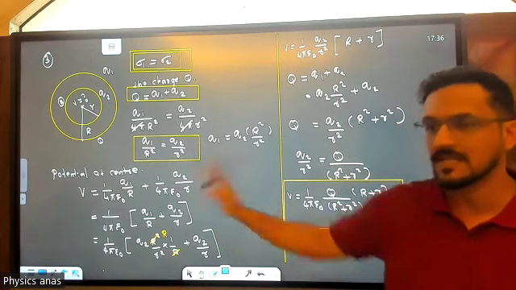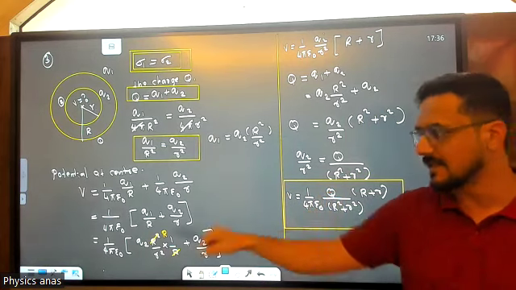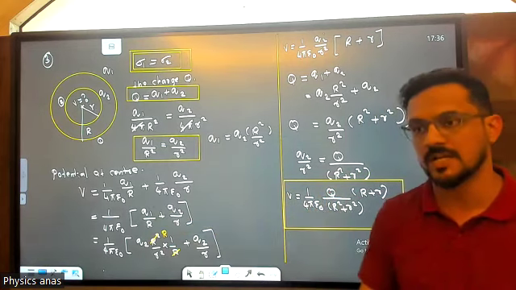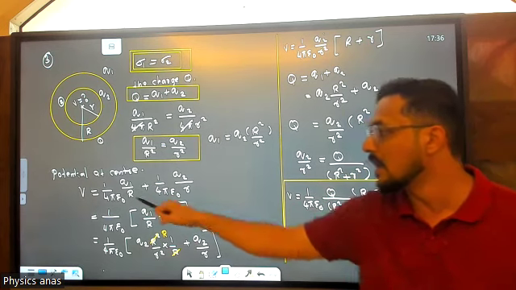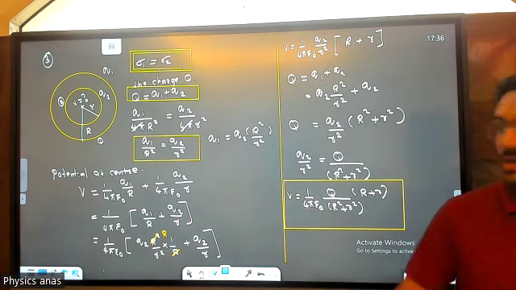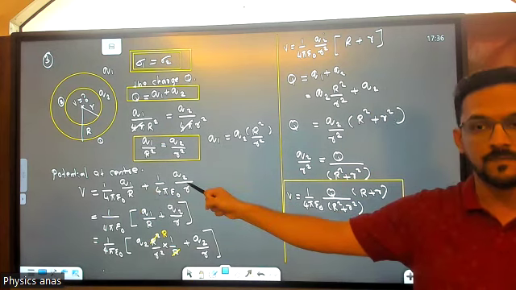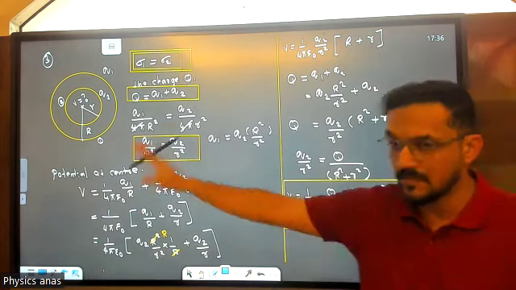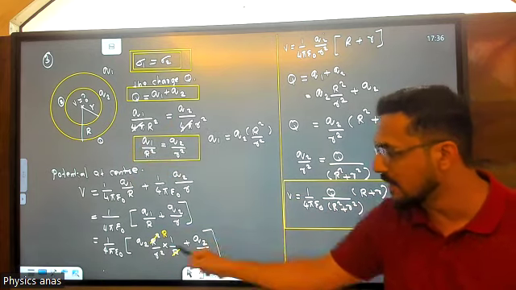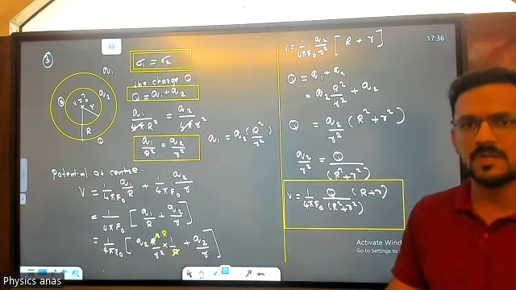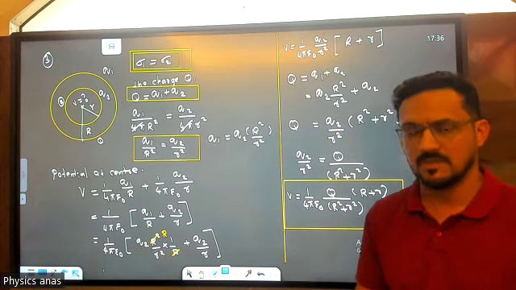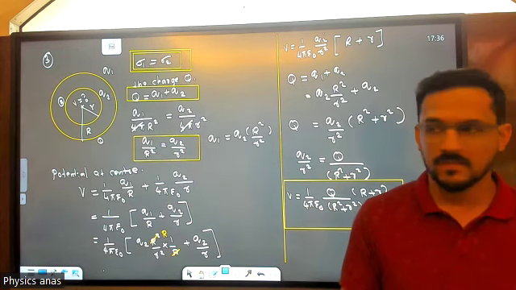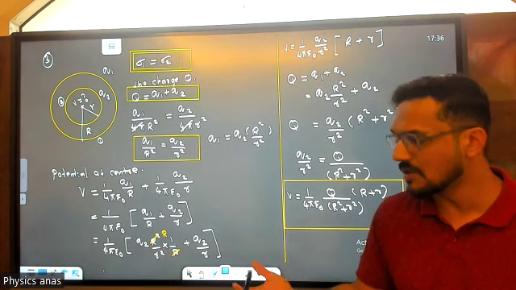So you are just writing the equation for potential energy at the center. This is the equation for potential energy at the center due to Q1 and due to Q2. Got it? I am taking the 1 by 4 pi epsilon naught out. But there is a problem in it: Q1 and Q2 are not given in the question.